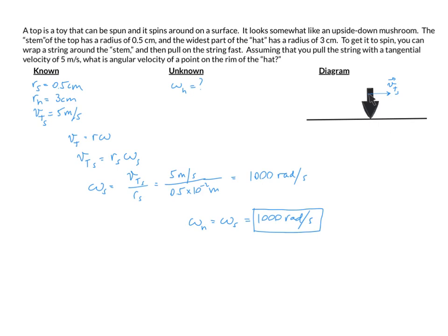That's only 0.5 centimeters from the axis of rotation, whereas that point is at 3 centimeters. So it would have a different tangential velocity than the stem has. But the point of this exercise is to see that the angular velocity of all points on a solid object that's spinning like this is the same.